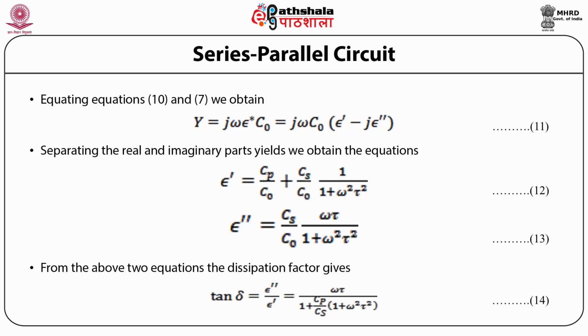From the above two equations, the dissipation factor tan delta equal to epsilon double prime divided by epsilon prime gives omega tau divided by 1 plus Cp by Cs into 1 plus omega square tau square.